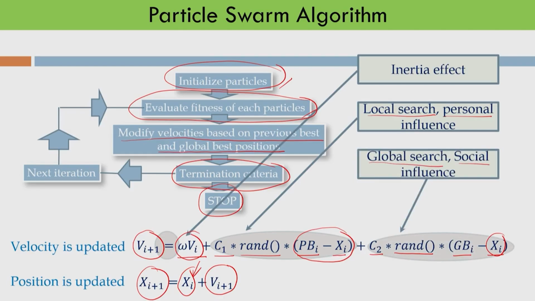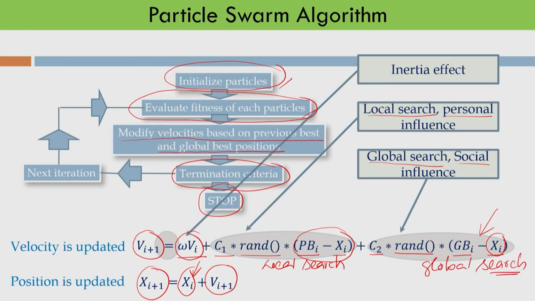Here Gb minus x_i gives the direction towards the best particle, and Pb minus x_i gives the direction towards its personal best. So this is the local source, and this is the global source.